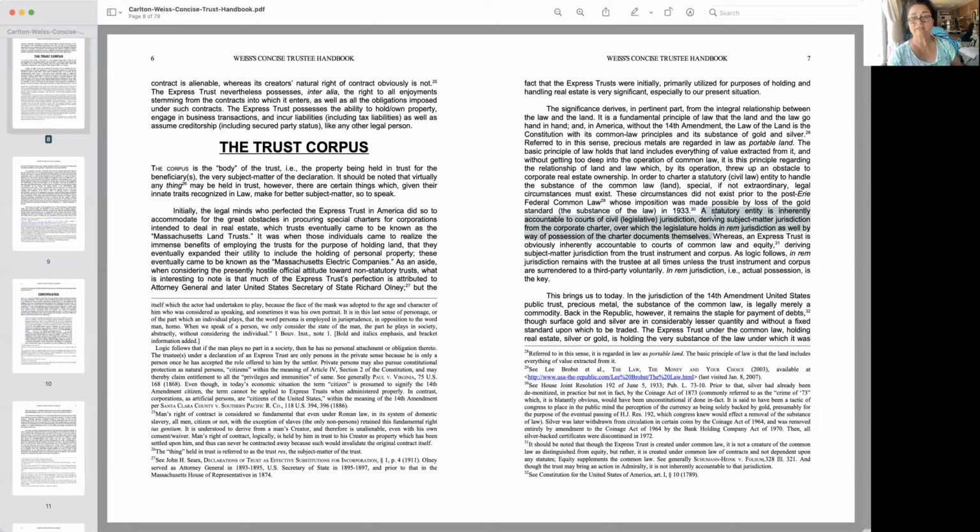So that right there, the statutory entity, that's your all caps name. It's the one that's accountable to the court's legislative jurisdiction. And the reason is because they are deriving subject matter jurisdiction from the corporate charter that they have, over which the legislature holds in rem jurisdiction.